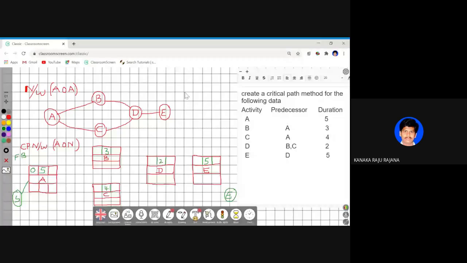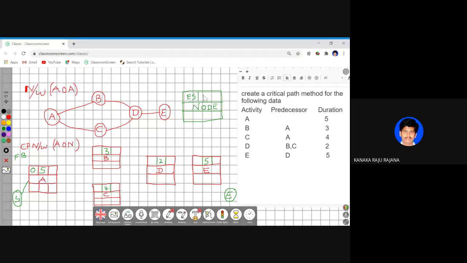Write the node parameter also, so that it will be easy to use. So this is called the node symbol, and each node is assigned how many parameters? 6 parameters, which I said. Number one is ES, which is called early start.